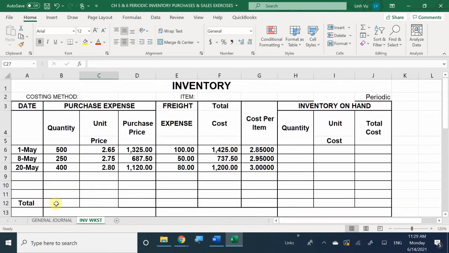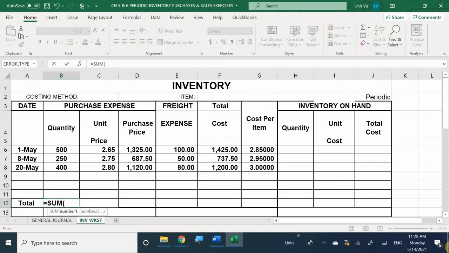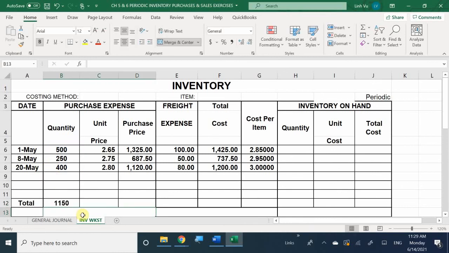How many mugs did we purchase in grand total? 1150. 1150? Yes, 1150.